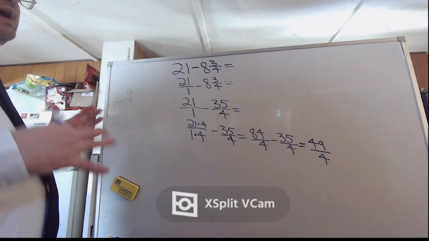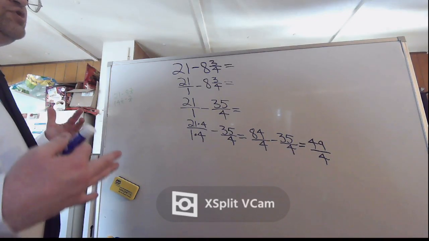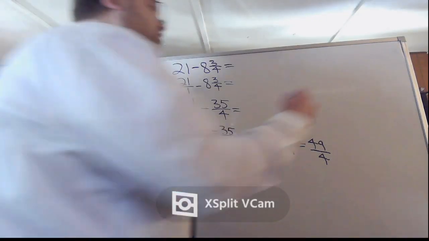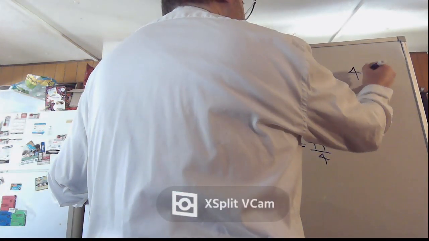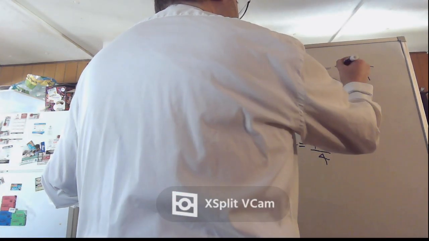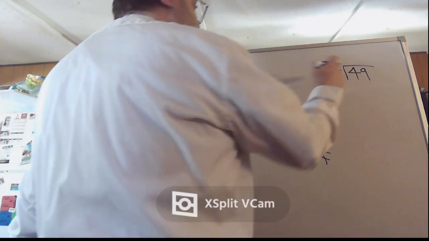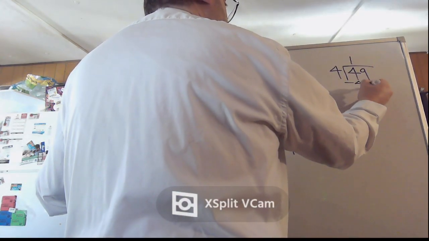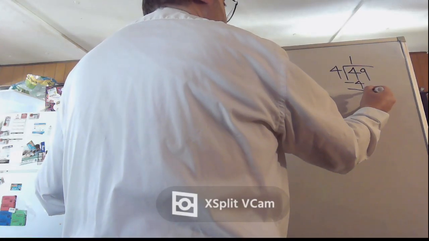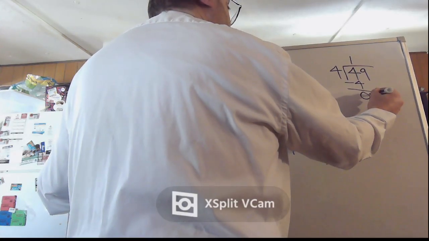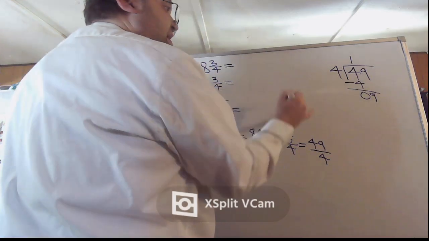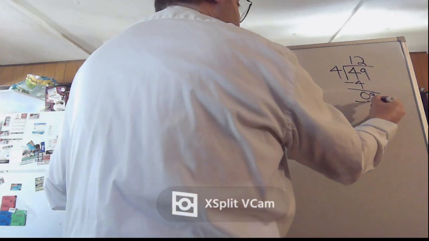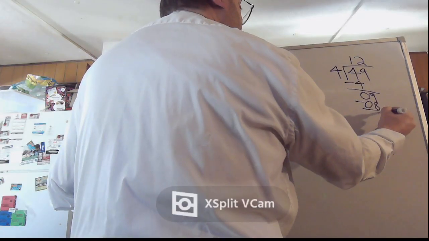Alright, well, we have an improper fraction. We need to convert that into a mixed number. So we'll work out the division over here. 49 divided by 4. Alright, 4 goes into 4 one time. 1 times 4 is 4. 4 minus 4 is 0. Bring down the 9. 4 goes into 9 two times. 2 times 4 is 8. 9 minus 8 is 1.